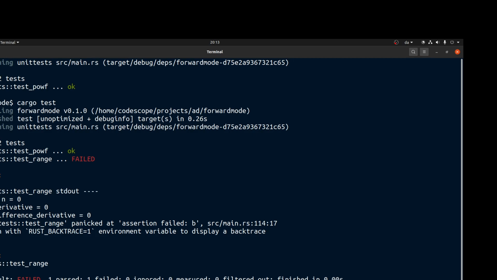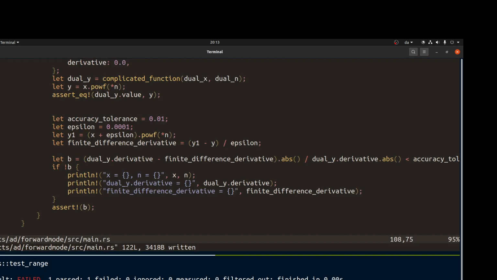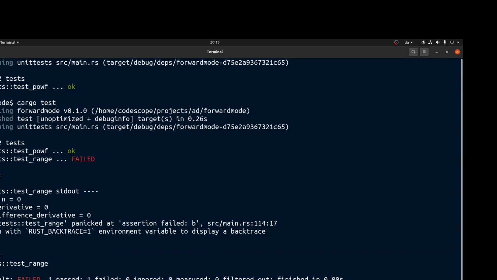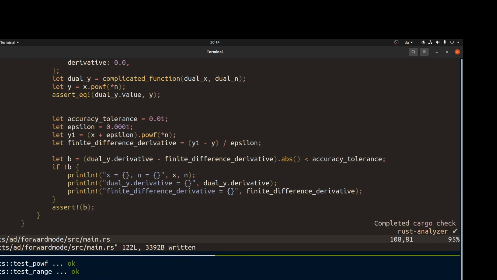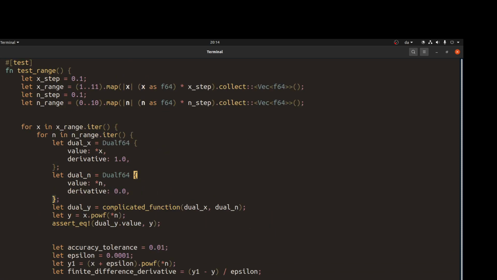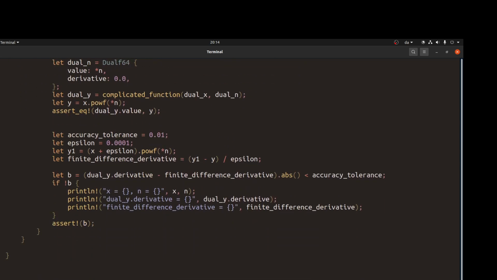It fails because the absolute value is 0, so that doesn't work. So we're gonna do it like this. This can definitely be improved, but I think we spent too much time on it already. Okay.